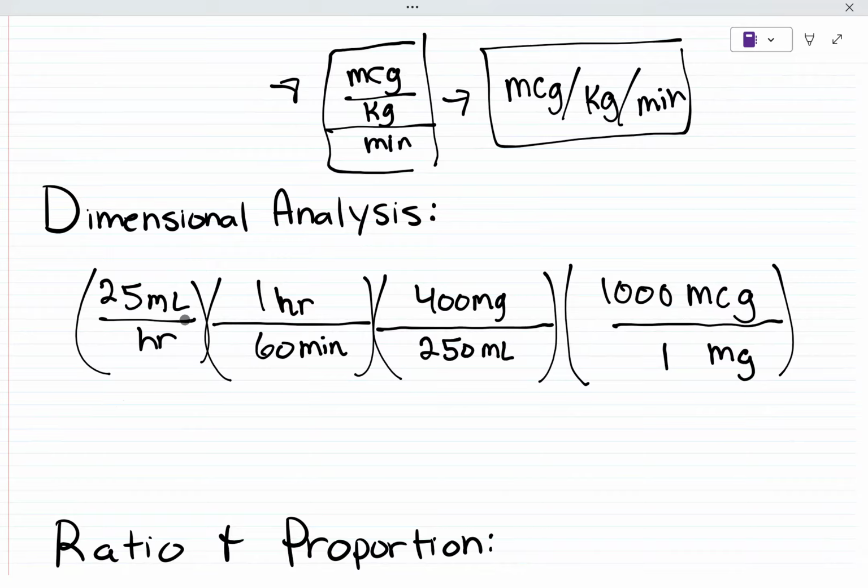Okay, let's see what cancels. The milliliters disappear, the mg disappears, right? And the hours disappear. What are your units on the top? On the top, you're left with mcg, right? There's nothing else. And then on the bottom, you're left with minutes.